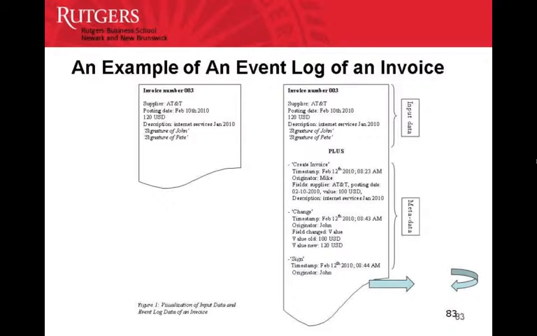And then you create all kinds of information associated with the flow in the system. So this is the same kind of thing, plus what is this? Create an invoice. Timestamp, February 12, 2010 at 8:33 a.m. Originator, Jeremy.